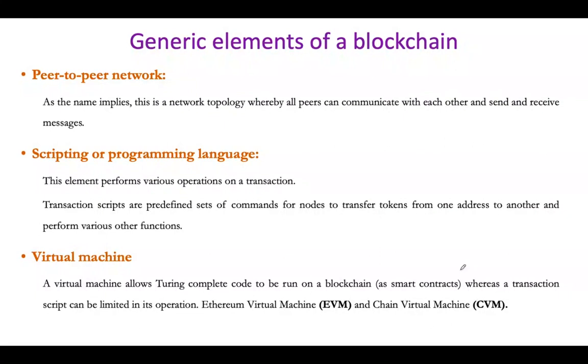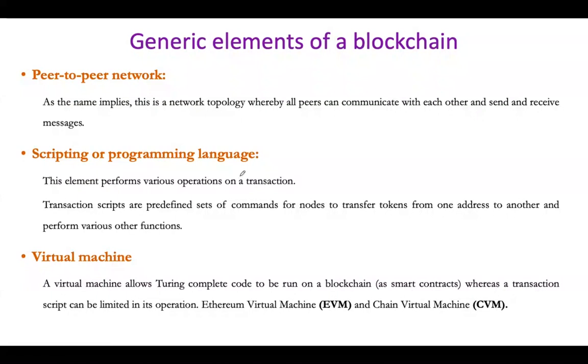Another one is the basic element of your peer-to-peer network. What do we mean by a peer-to-peer network? As the name implies, this is a network topology whereby all peers can communicate with each other and send and receive messages. And for doing the mining process in the various applications of blockchain, scripting and programming languages are used.